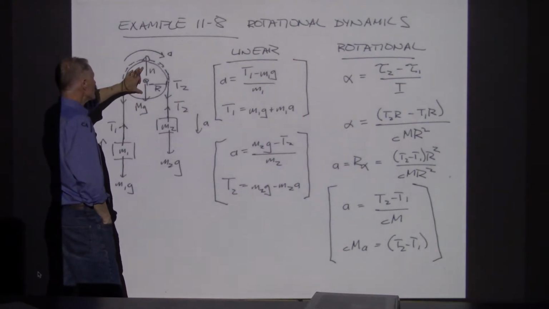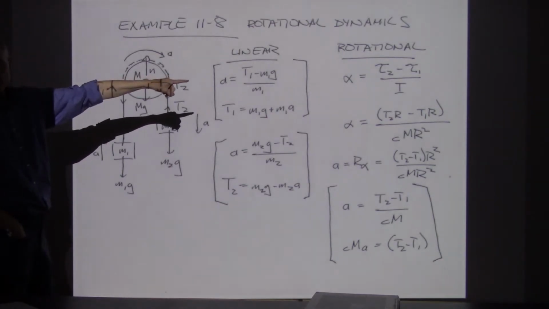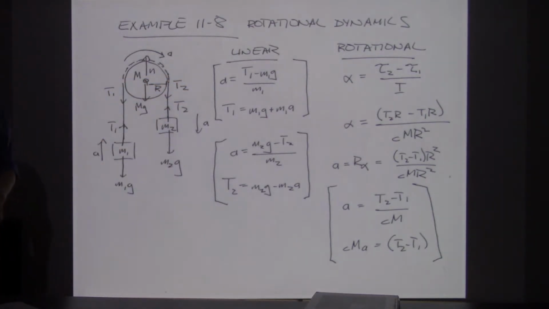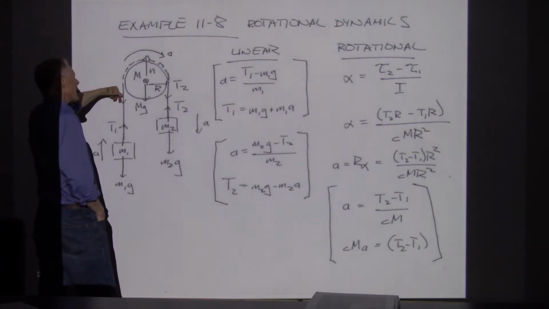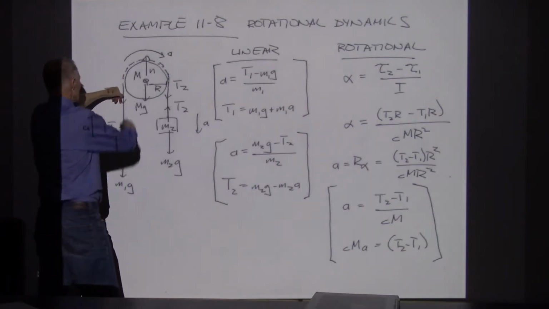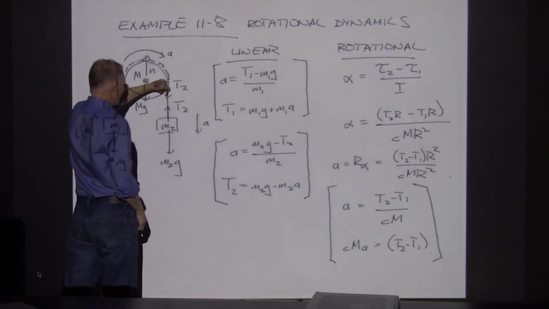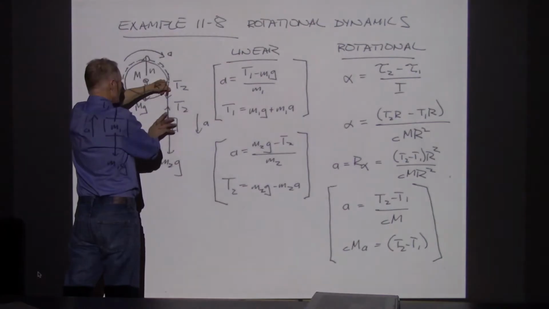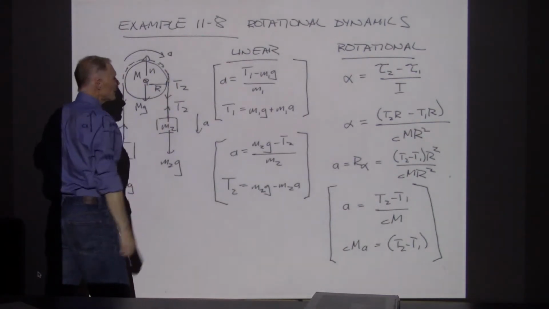I drew them in for completeness, but we don't need them to analyze the rotational motion of the pulley. So the forces we do need: there's a tension 1 on this side, and I switched the A's and B's into 1 and 2. There's a tension in this direction, this cord is being pulled down by this object, and there's a tension set up here by the presence of this object. So there are these competing tensions in the cord.